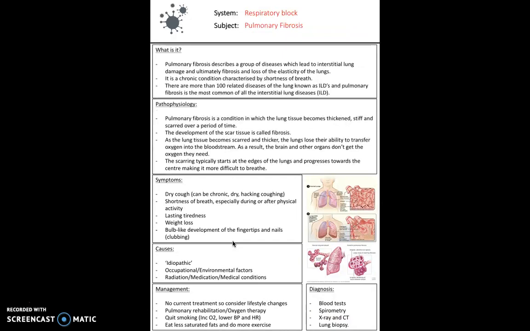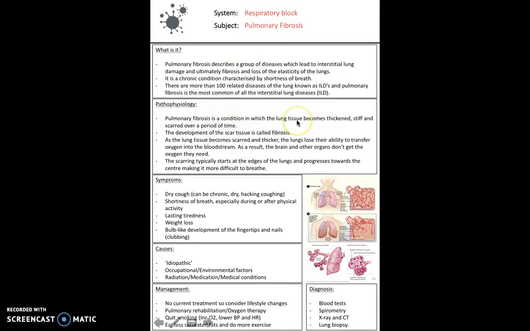Moving on, you can look at pulmonary fibrosis. So this is basically a category of diseases which lead to interstitial lung damage, which we'll cover later on in this video. Essentially it's ultimately fibrosis and loss of elasticity of the lungs. Lungs really need to be elastic in order to allow us to inhale and exhale properly. And pulmonary fibrosis is characterised by shortness of breath due to loss of elasticity of the lungs.